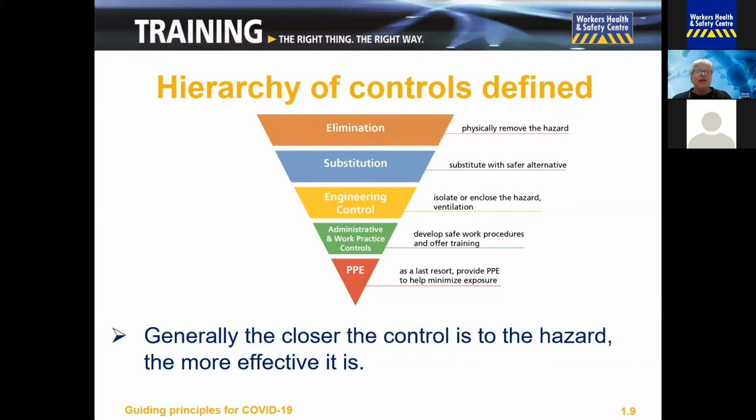In addition, administrative controls such as cleaning and housekeeping, along with worker training, are also usually required. As discussed previously, PPE is to be used as a last resort, as it often doesn't provide adequate worker protection, and in fact, it can create additional hazards. As we can see here, generally, the closer the control is to the hazard, the more effective it is in protecting the worker.